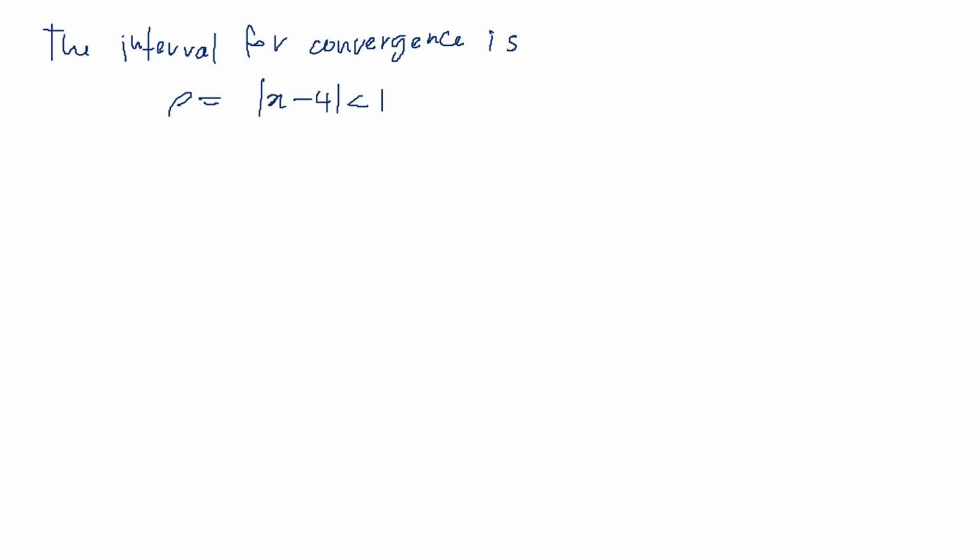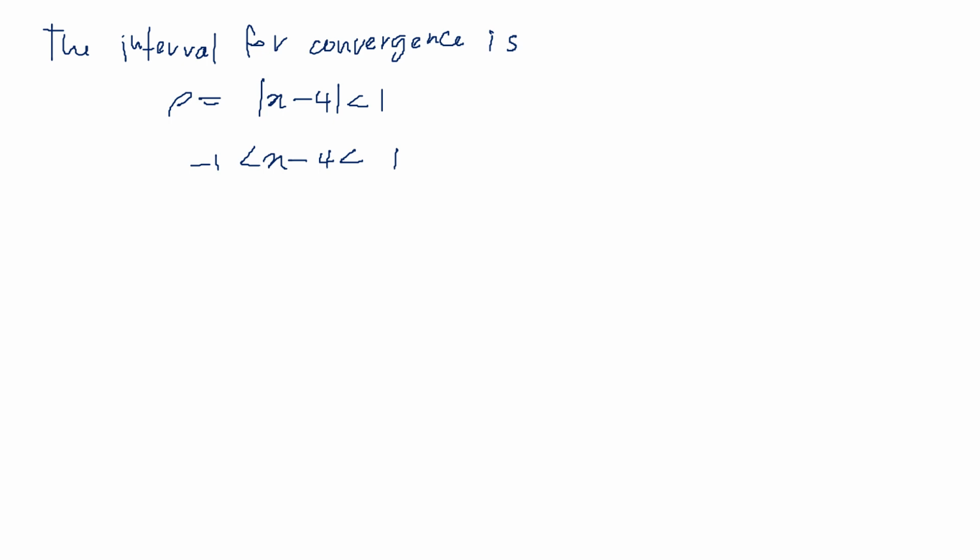Okay, continue. The interval for convergence is, since rho equals absolute value of x minus 4 less than 1, your value would be x minus 4 between negative 1 and 1.